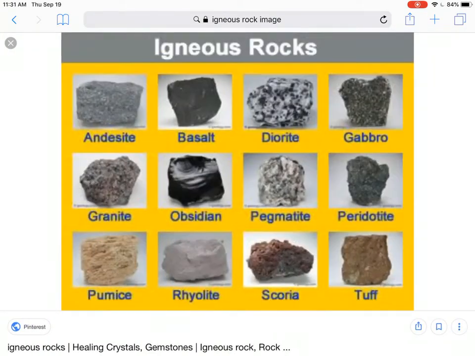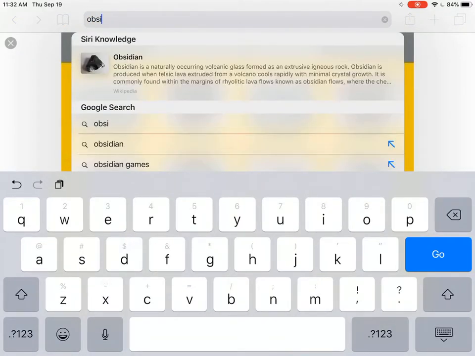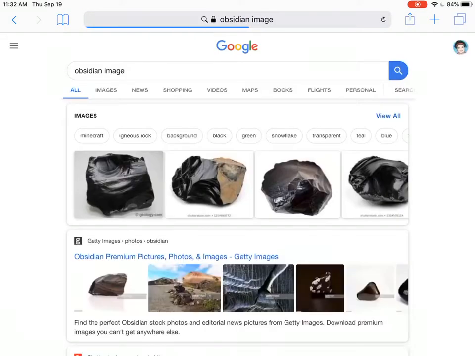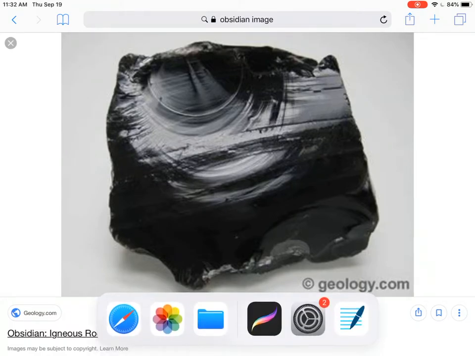It's very pretty in my thinking. My favorite one is obsidian. Let me see if I can find you a picture of obsidian. It's very black and shiny. It's a beautiful, beautiful rock. And that occurs when lava or magma hardens and cools. Obsidian is an igneous rock.